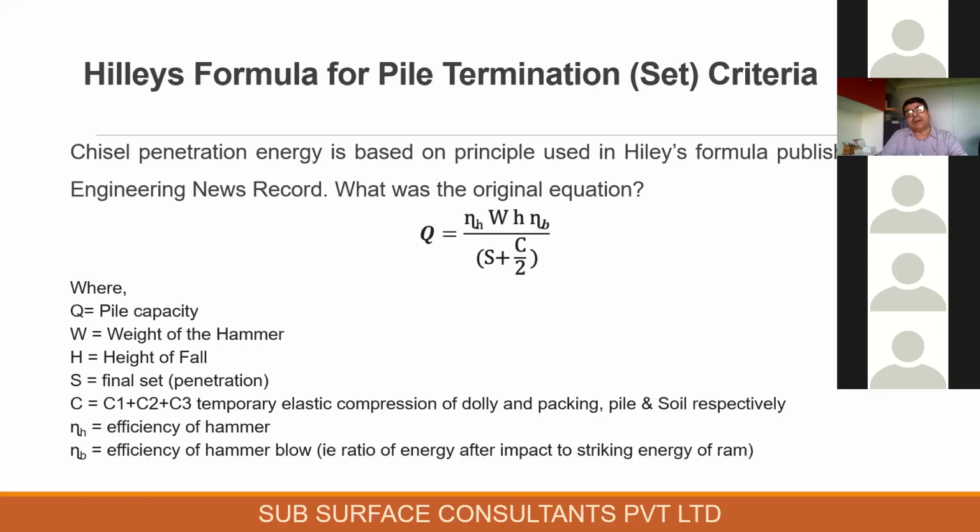That is divided by S, the set, plus damping coefficients, that is C equal to C1 plus C2 plus C3: dolly, then packing, then the drop, there is a wire rope, there is a pulley.